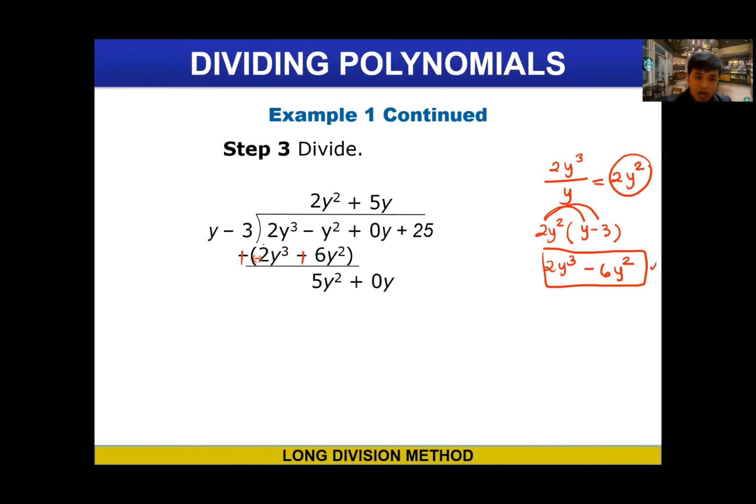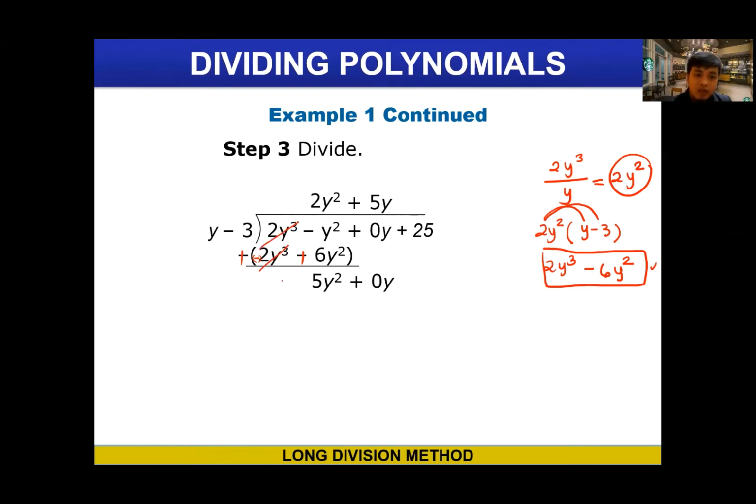Now, adding terms or expressions with the same numbers, variables and exponents but with opposite signs, we call these opposites. As you can see, 2y cubed is exactly alike, but their signs are opposite, so we can just cancel that.